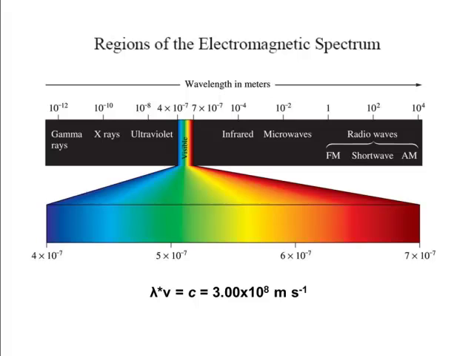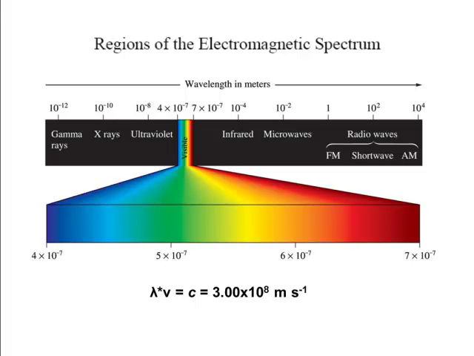Notice the ultraviolet is on the violet side of the visible region. So as we hit the visible region, we go from that violet over to the red. Once we get out of the red, what do we go into? We go into the infrared. And from the infrared, we go to microwaves, and then we get into radio waves. As we go from gamma rays to radio waves, the wavelength is increasing, which means the frequency is decreasing.